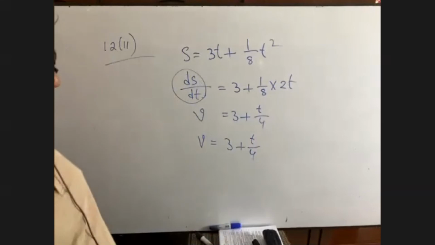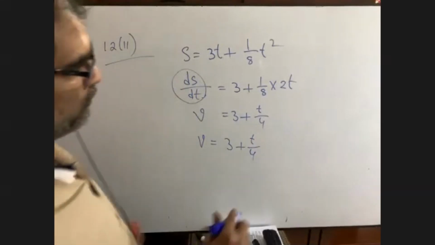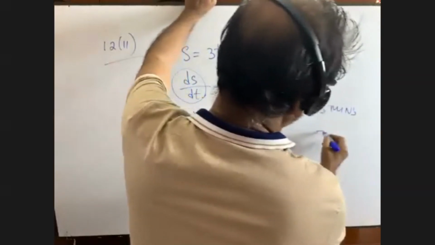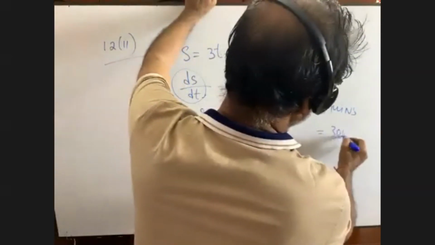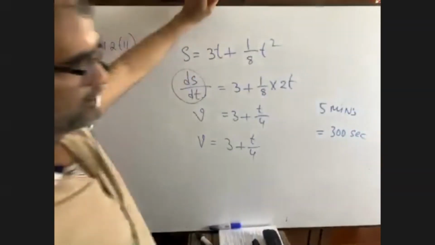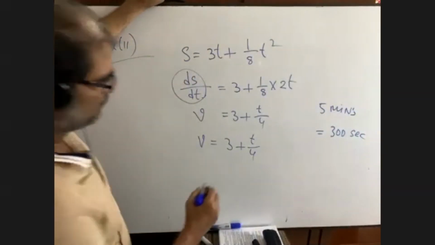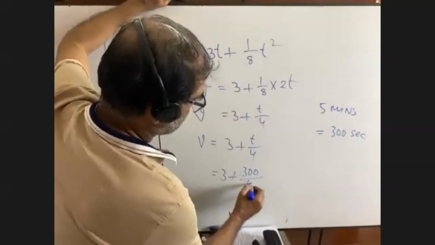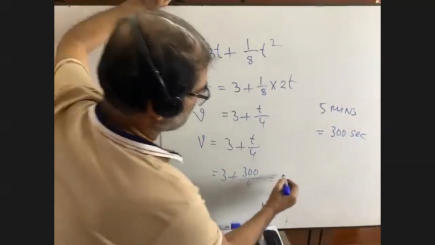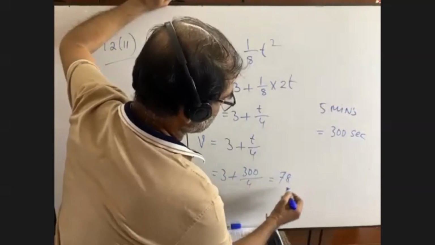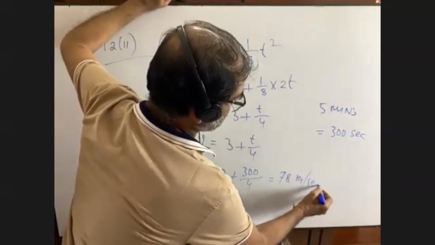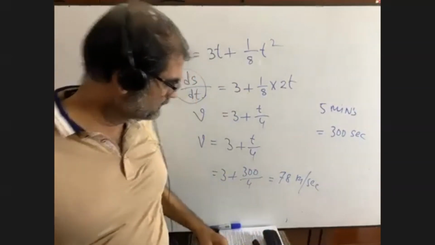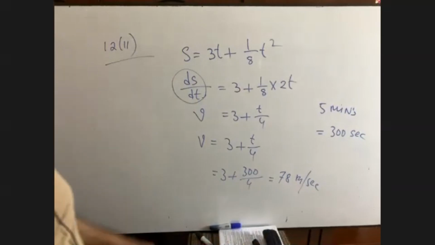Who can tell me? 5 minutes means 300 seconds, right? Now you put the value, 3 plus 300 by 4 equals what? 78. Is it meter per second? It is 75.